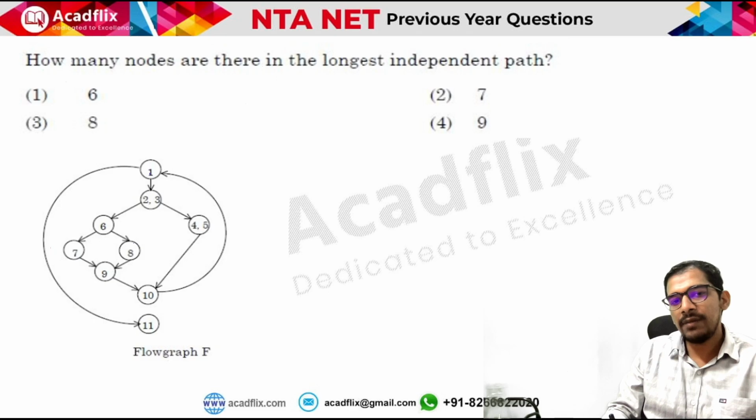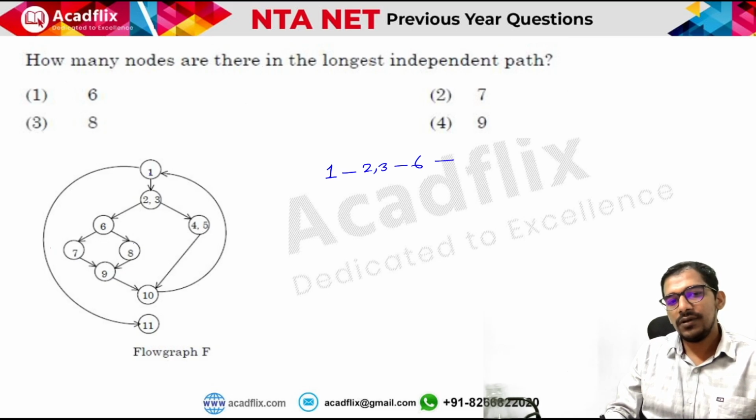That is from 1 I am going to node number 2 3, then from 2 3 I am going to 6, then from 6 I can go to 7 or I can go to 8, does not matter. So let us say 8, then 9, then 10. From 10 I am going to 1 again, then 1 to 11.